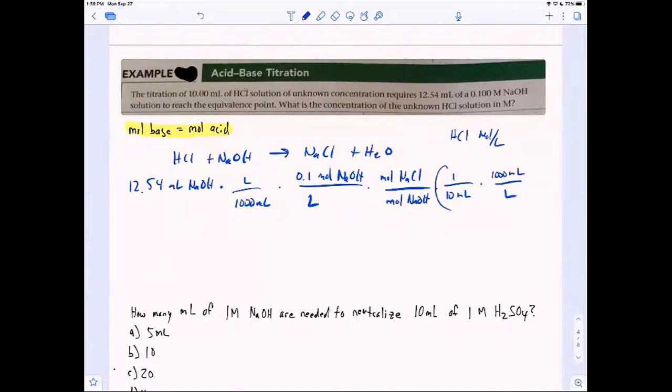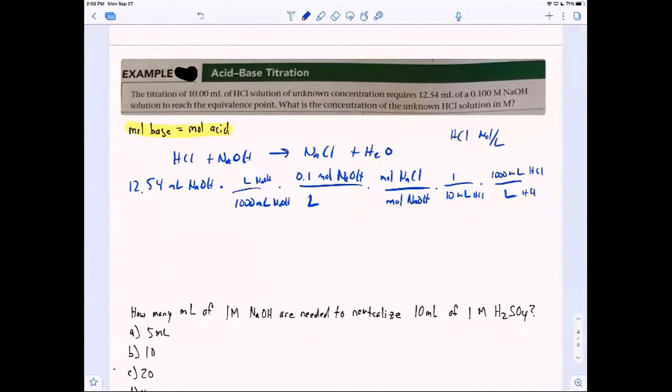So this step here is kind of optional, but I should put this NaOH milliliters, NaOH milliliters, HCl, because you're kind of converting back. But I'm also saying you can cross cancel terms. You can get rid of that 1,000 is where I'm going with this.